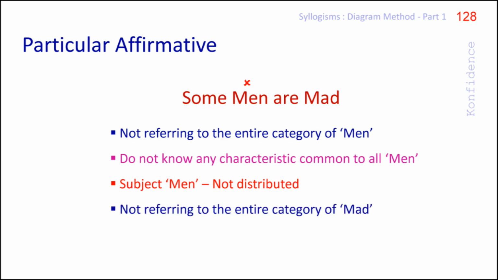We are also not referring to the entire category of mad people. We know that some mad people are men. But do we know what others are? So the term mad is also not distributed. So here both men and mad are not distributed.